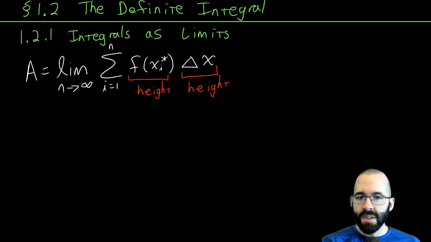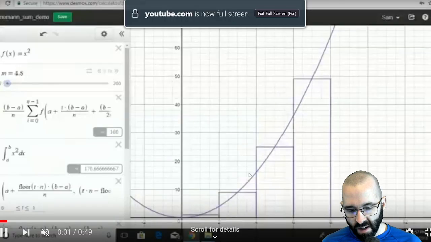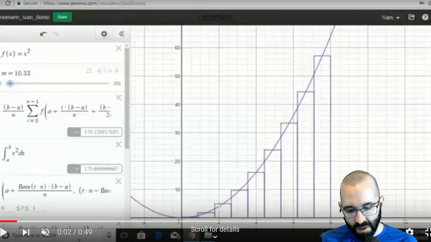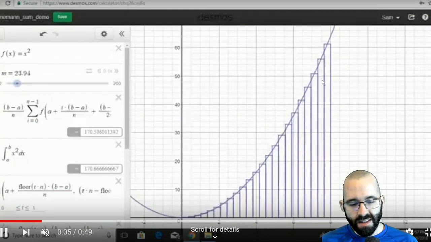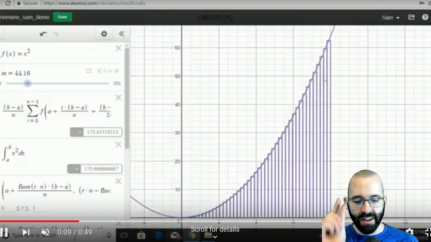And we had a cool visualization of this as well. Remember over here, right? These are all these different Riemann sums. So this is a Riemann sum with, I'm just going to cheat, it says 10 or something, 10 rectangles. Right here is an approximation for the area under the curve. And as that number of rectangles increases, as n is going to infinity, we're getting more and more rectangles. The rectangles are getting thinner.